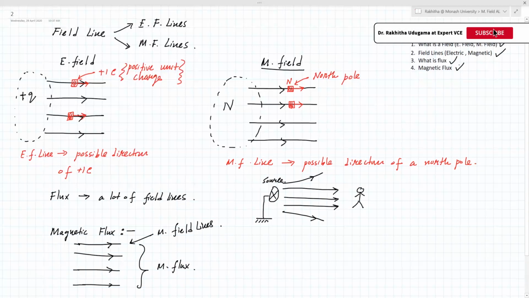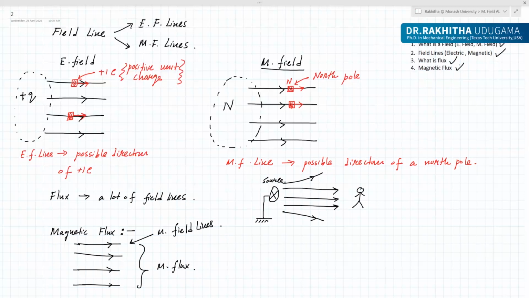So I wanted to discuss mainly the background to the magnetic field, so that you will know most of the introductory part of the subject.